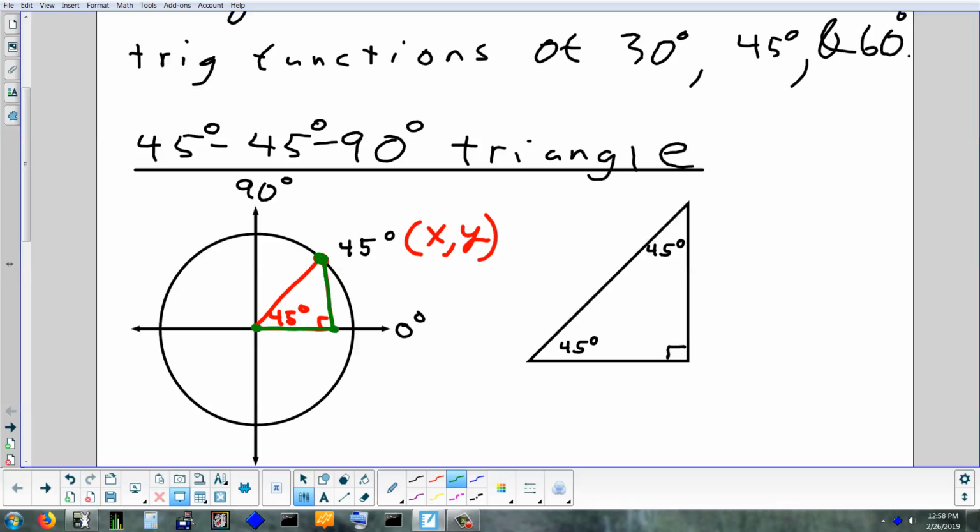Now, what kind of circle is this? We mentioned it yesterday. It's a special kind of circle. It's a unit circle. And what does that mean? The radius is 1. So I know that side is 1. What do I know about the triangle off to the right?